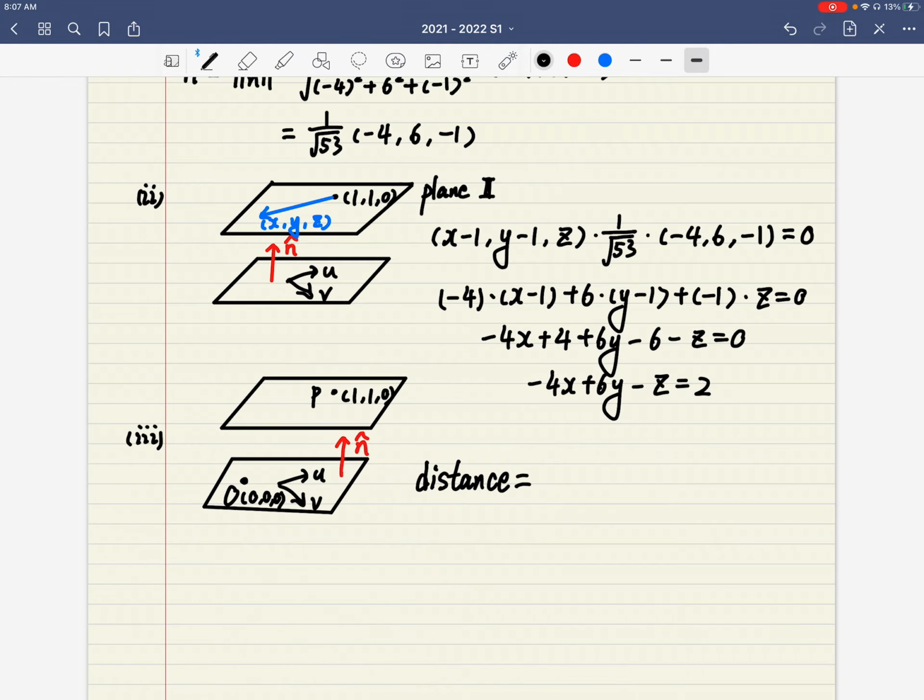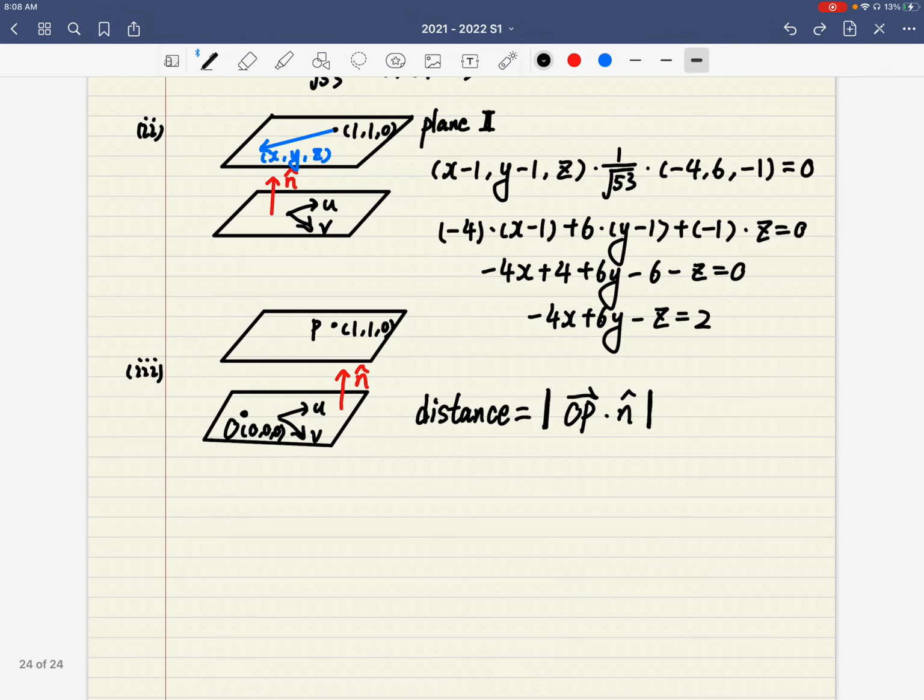It's going to be the vector connecting these two random points, dot product the unit normal vector. Because sometimes the dot product could be positive, could be negative, we take the absolute value of the result. This is not a vector modulus, this is just the absolute value of something.